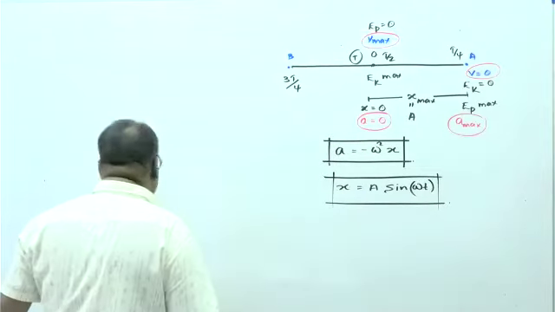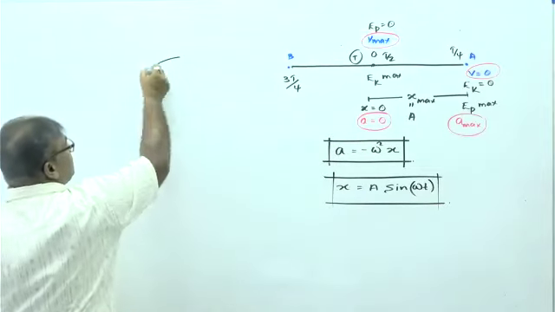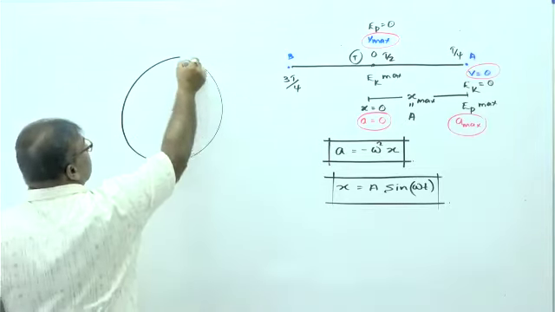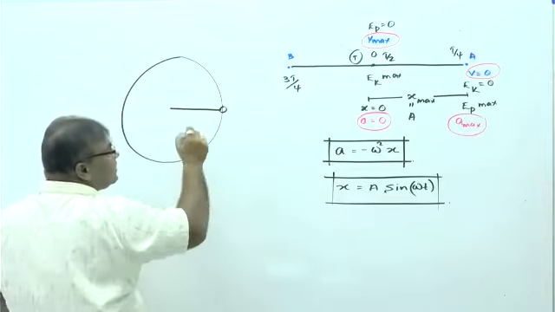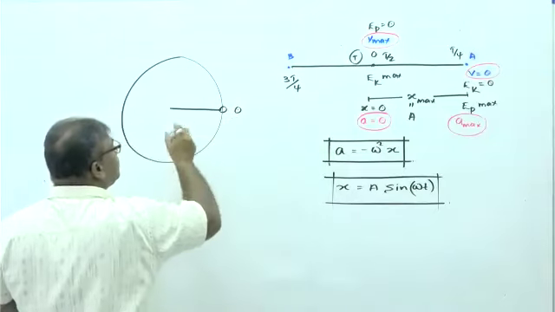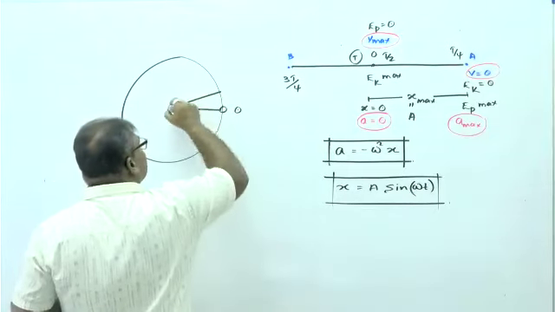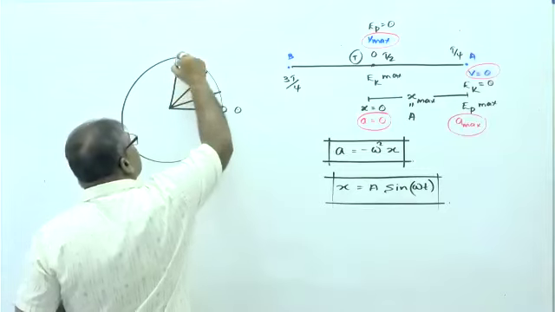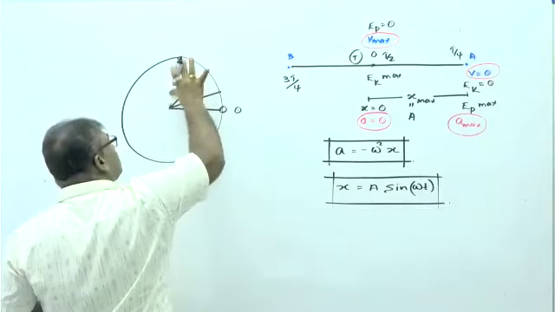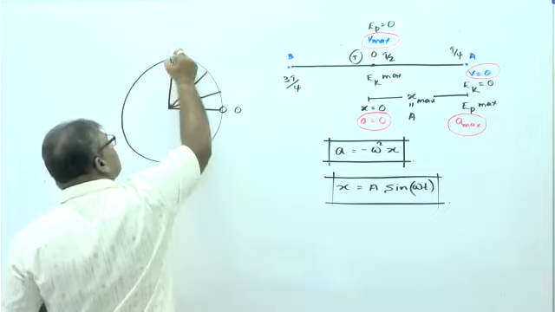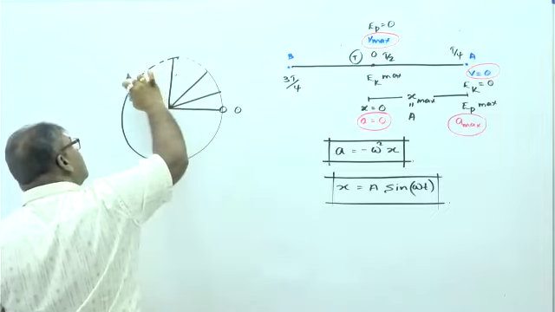And when we consider circular motion as simple harmonic motion like this, if this is the center of oscillation O, the particle goes like this in the simple harmonic motion.